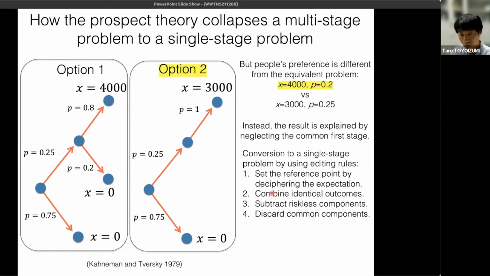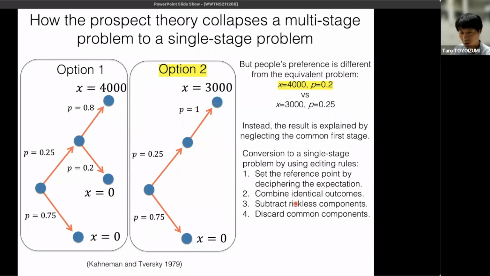But I just go on. The second rule is to combine identical outcomes. Third, subtract riskless components. And fourth, discard common components, such as the common first stage. So in this case, if you apply rule number 4, you get the correct answer.